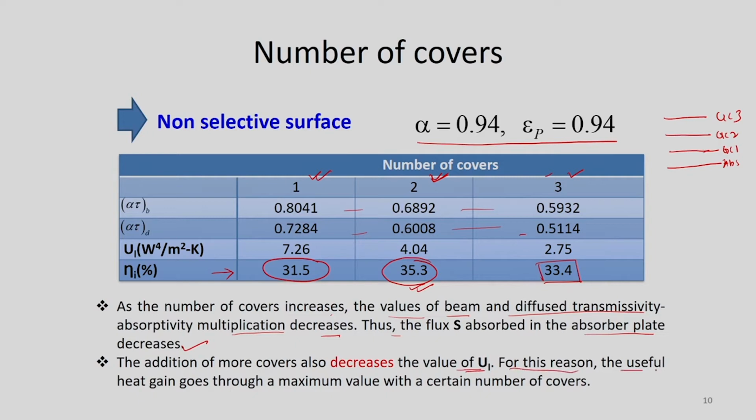For this reason, the useful heat gain goes to a maximum value at a certain number of covers. So that optimized number of covers needs to be found out. From our investigation, it is found that a two cover system without selective surface is a good solution for getting higher conversion efficiency.